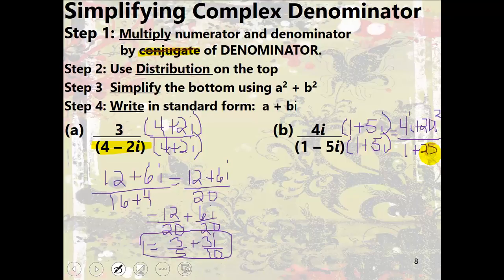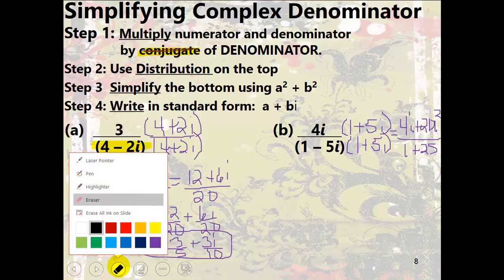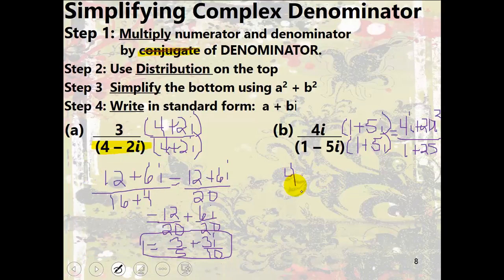So I get 20 times -1. That gives me 4i plus 20 times -1 over 26. This becomes -20, so I'm going to move it to the front. -20 plus 4i over 26.